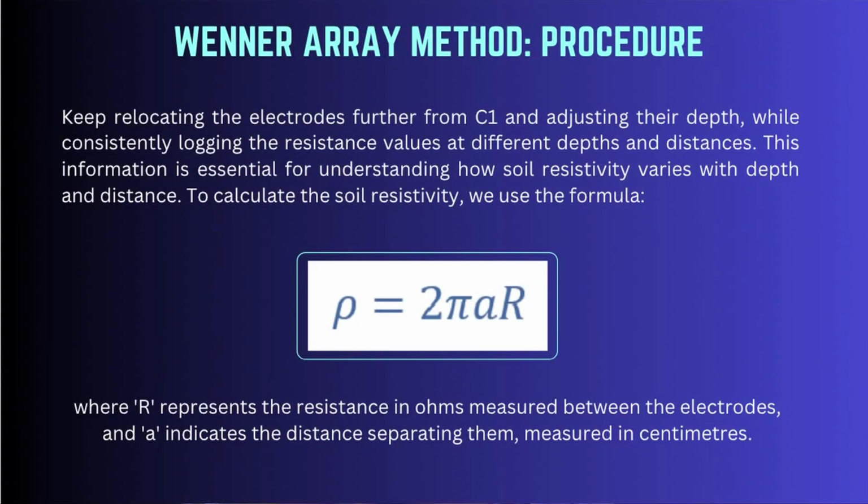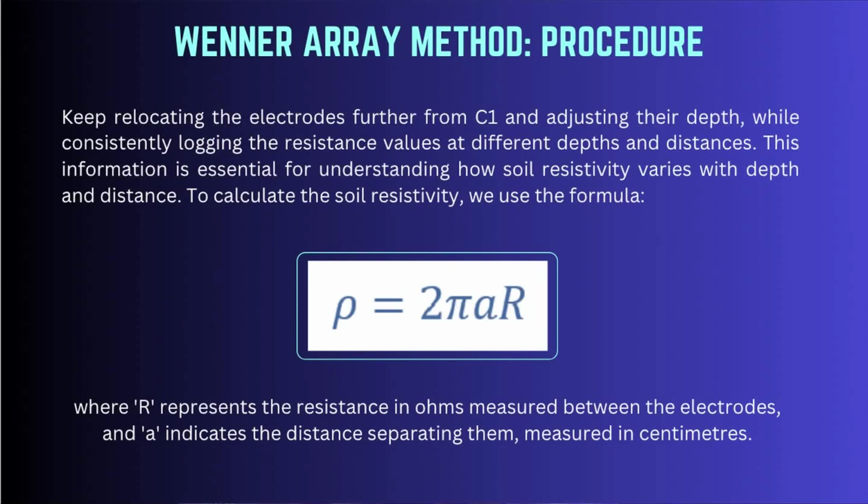Next, keep relocating the electrodes further from C1 and adjusting their depth, while consistently logging the resistance values at different depths and distances. This information is essential for understanding how soil resistivity varies with depth and distance.